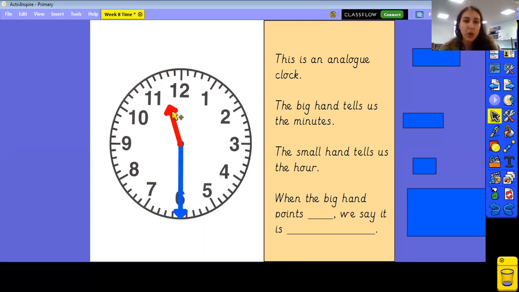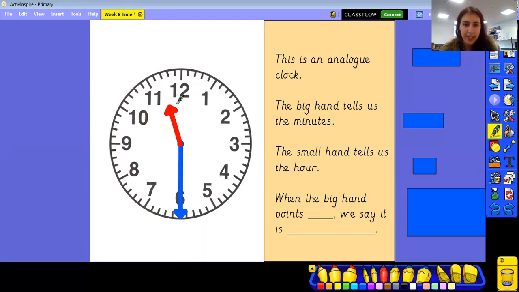Now we need to look at this small hand, and we can see, if we extend the small hand, that it's pointing halfway between 11 and 12. That's because it was 11 o'clock and this blue hand is moving, and when it gets back round here, that red hand will have moved all the way to 12 to show 12 o'clock. But at the moment, our blue hand is halfway on that journey from 11 o'clock to 12 o'clock. So we say that it is half past.